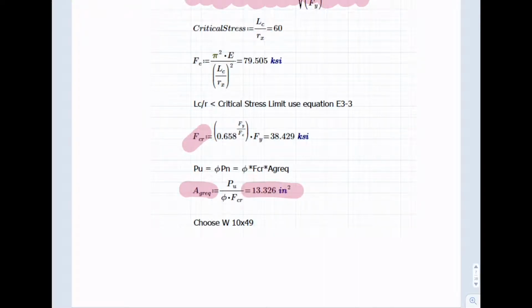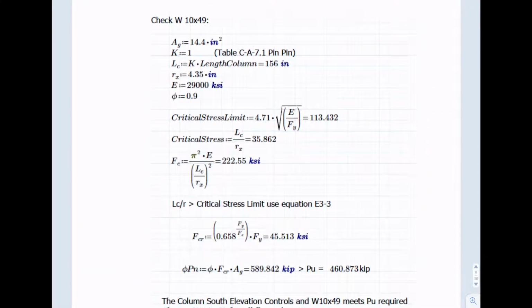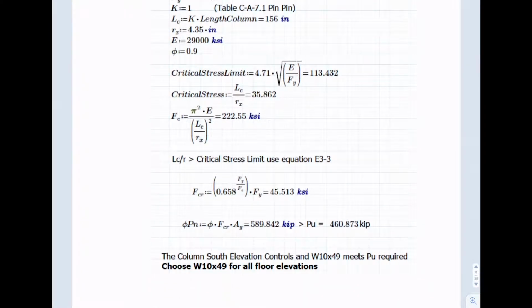After finding the required area, we chose a W10x49 member, and then we went to checking this W10x49 member to make sure that it would be able to withstand that force of 460. And it did, because it has a force of 489.84 kips. So we decided to move forward with our W10x49 for column design.